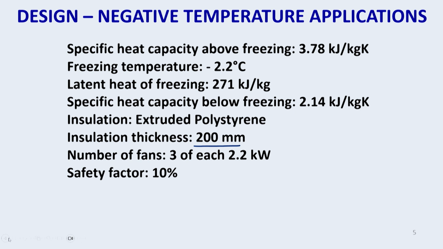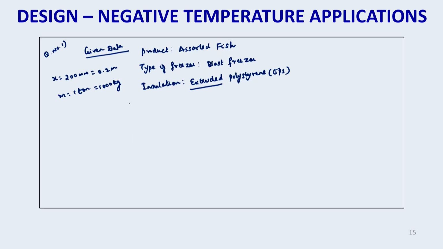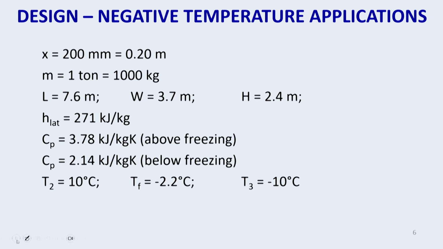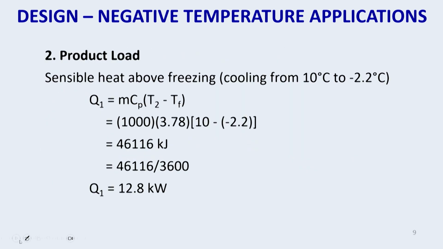The latent heat is also given: H latent is equal to 271 kilojoule per kg. Let us take the other data when we are substituting the values. There are two CP values given. Above freezing is 3.78, below freezing is 2.14.